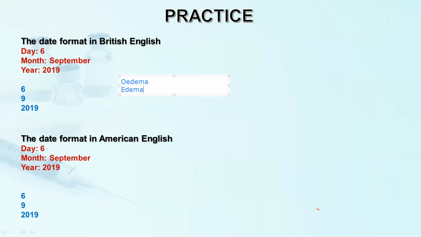Both are edema. The first one with this O is for the British style, while edema with E without this O is for American style.